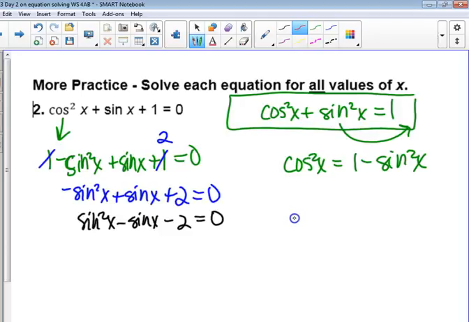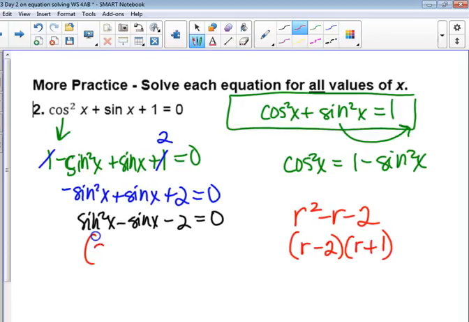So, I don't know. We'll say today's Riley's day. We'll pick R. How does that factor? Okay, so it's going to factor sine x minus 2. Oh, I lost the x. I try not to do that.